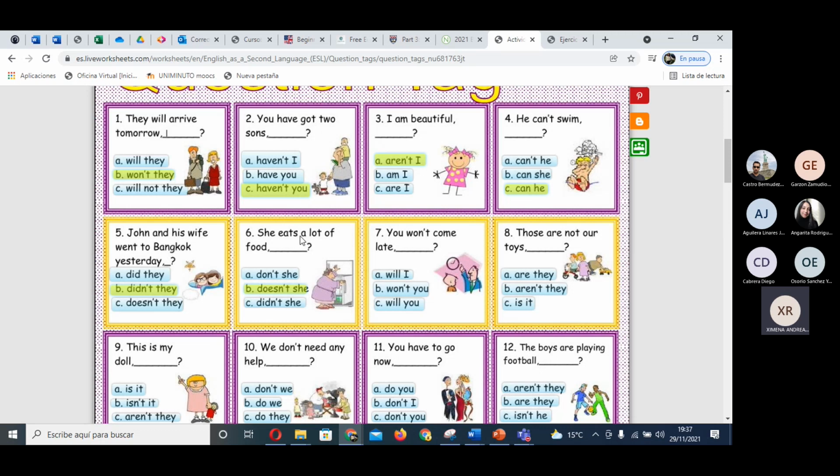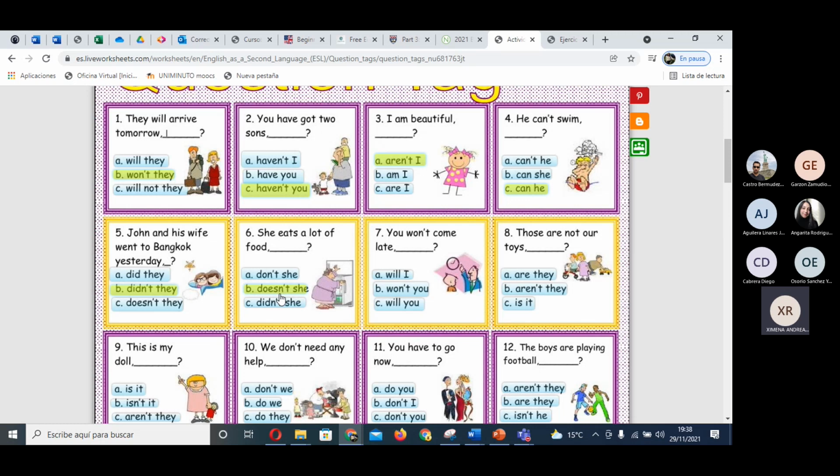Además tenemos una S en el verbo. Inmediatamente esto nos ayuda a reconocer que es un presente simple y que el sujeto es ella y por eso tiene la S en el verbo, ¿no? Recuerden esas terceras personas donde les agregamos la S, muy bien. Y como está afirmativa, la tag question debería ser negativa, por ende quedaría doesn't she, el auxiliar para ella es doesn't. Very good.